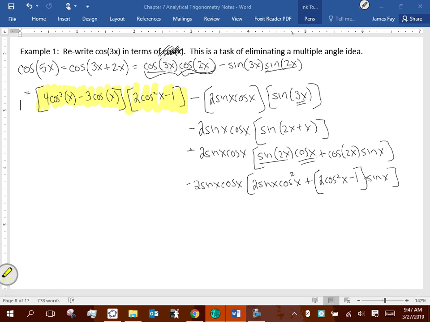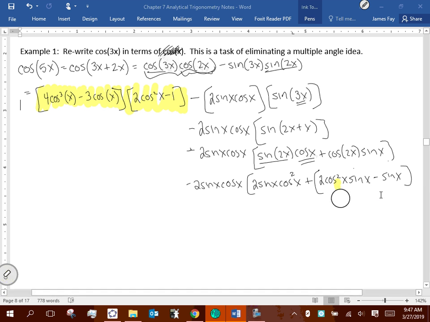Okay. Can I, and I'm just going to do this real quick. Can I put that sine x through here? My tablet keeps dying. All right. So let's put that sine x there. So it would be sine x there, and then it was minus 1 times sine x, so it would be that, right? Okay.